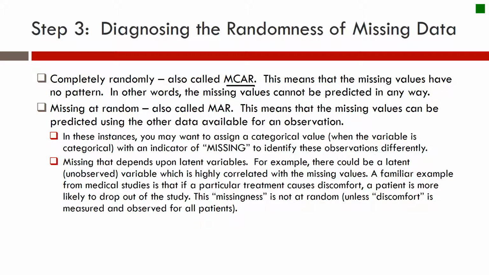The missing at random, or the MAR, is a slightly more concerning case of missing data, where there are some indicators that the data that's missing is not randomly there. Okay, so this is a concern, and we want to try to deal with this in a couple different ways. In some cases, you can create a dummy variable that would indicate cases that have this type of missing data.